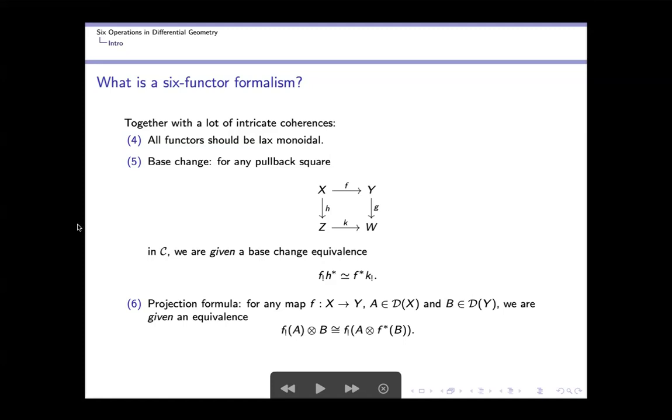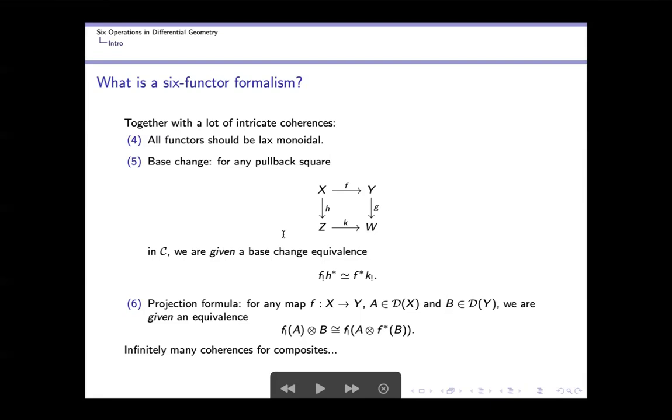And this is actually just the beginning of a long list of coherences. Because if you take two pullback squares, you can put them together and get a new pullback square. And there's a base change equivalence for each of these three pullback squares, the two you get and the one you compose, and those have to be compatible as well.